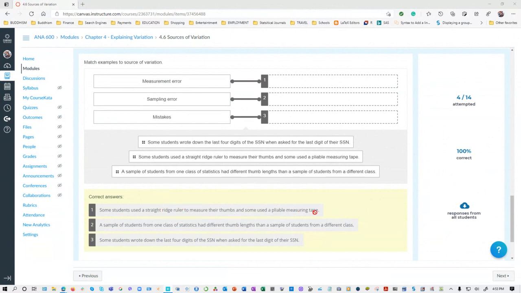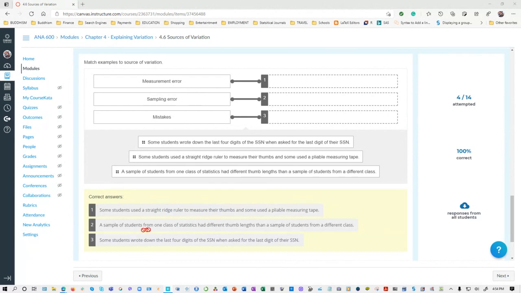Because of that variation, the measurements are not going to be consistent. Somebody uses the rigid ruler, somebody uses the pliable measuring tape.